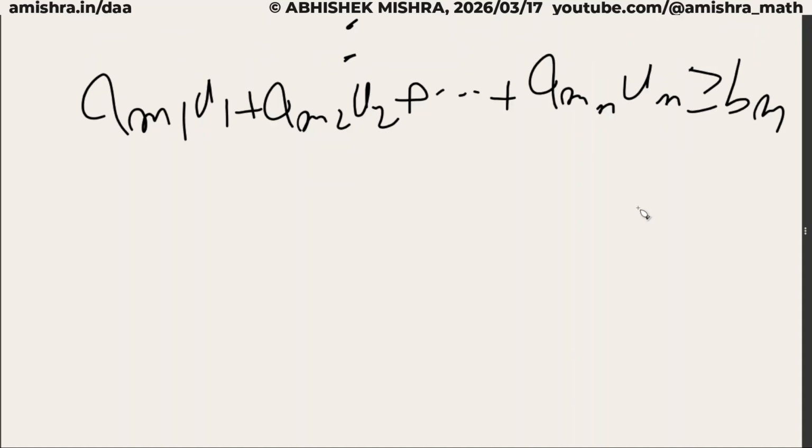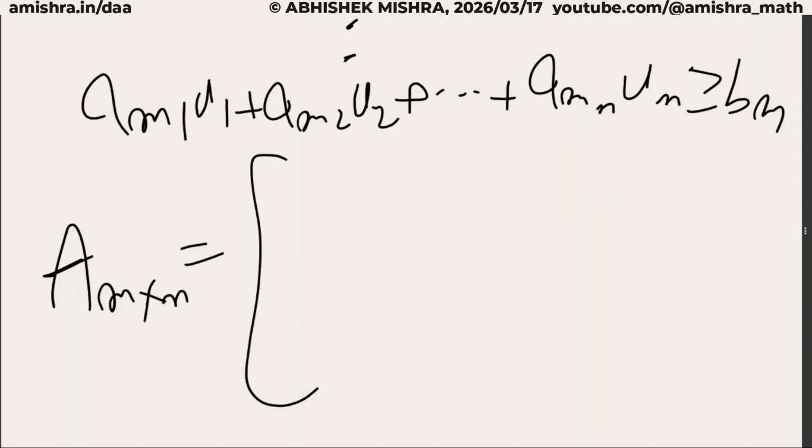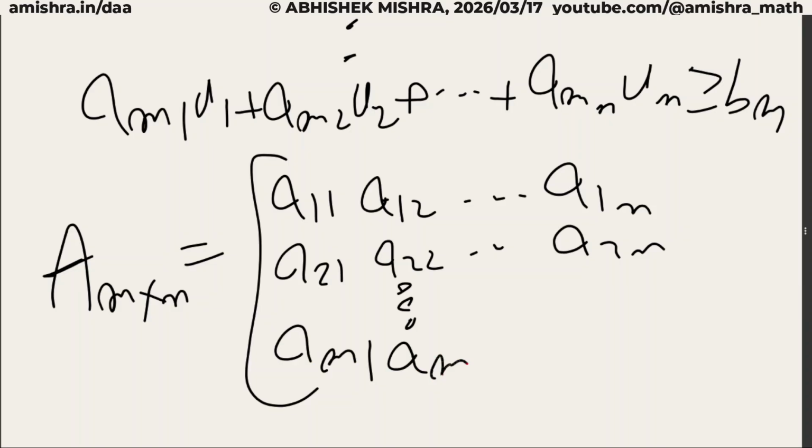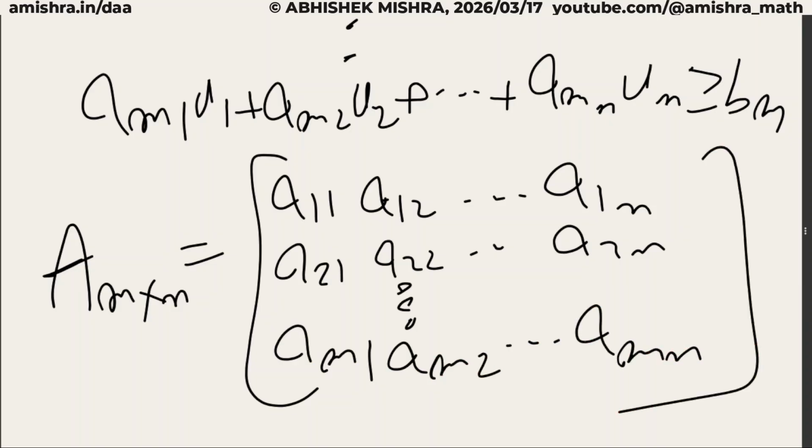So let A be the m cross n matrix, m rows and n columns, with the coefficient matrix: A11, A12 up to A1n, A21, A22 up to A2n, and continue up to Am1, Am2 up to Amn.